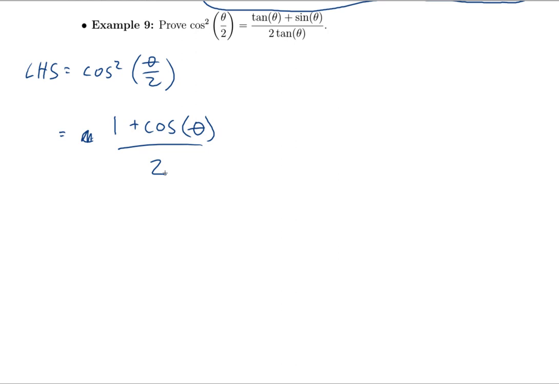All right. So from there, you might say, well, that doesn't look a whole lot like what we've got here. But notice what we have. We've got tangents on both the top and bottom. Then we have a sine here. So remember, this is where we don't try to do too much at once. All we say is, okay, I need tangents to appear, so let's make tangents appear. Let's just do it legally. So I'm going to take what I already have, and then I'm going to multiply on the top and bottom by the tangent of theta.